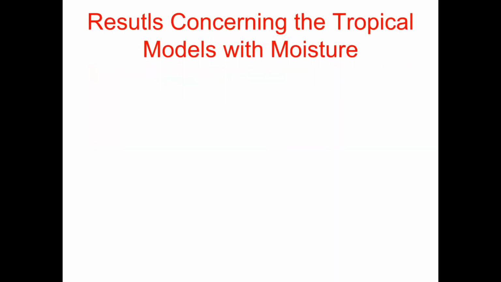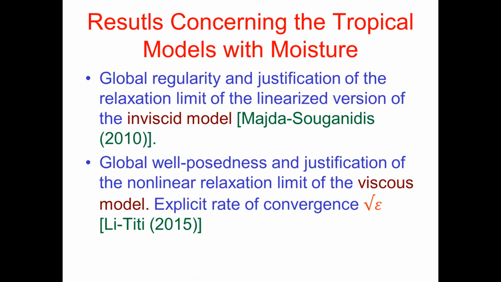All right, so the results concerning this model. The first result was investigated by Majda and Souganidis, when they looked at the inviscid case, but at the linearized version, not at the fully nonlinear system. And they showed that indeed there is existence for the limit equation, but without really a convergence result.